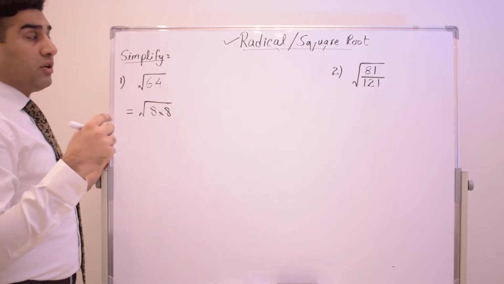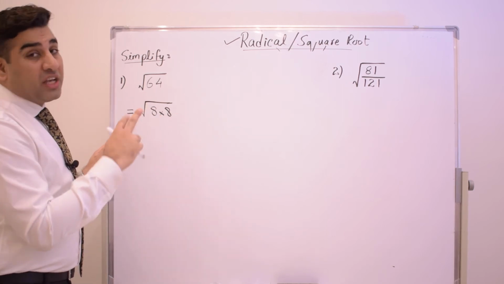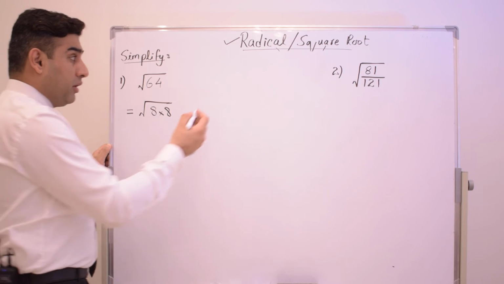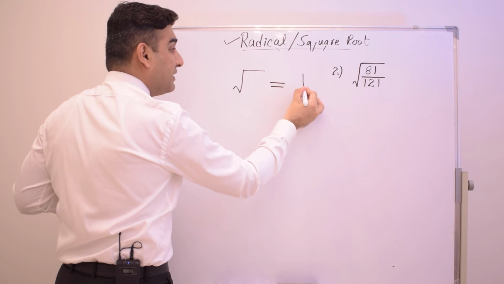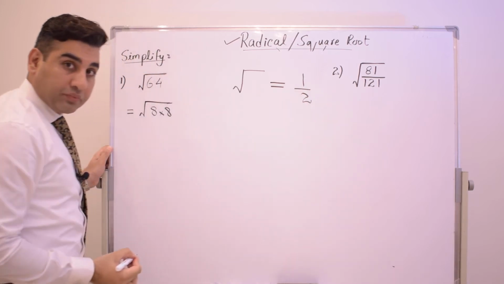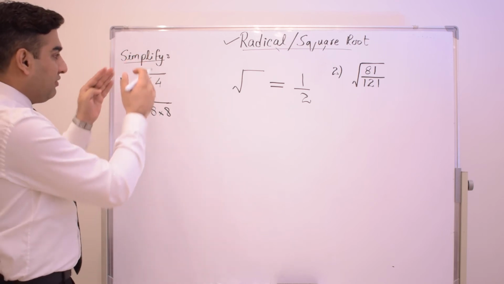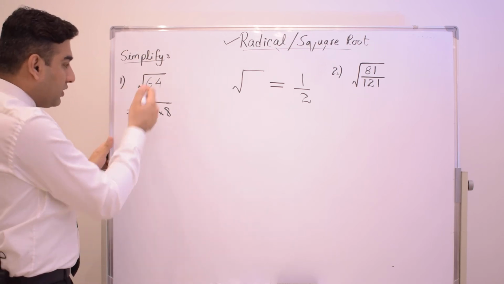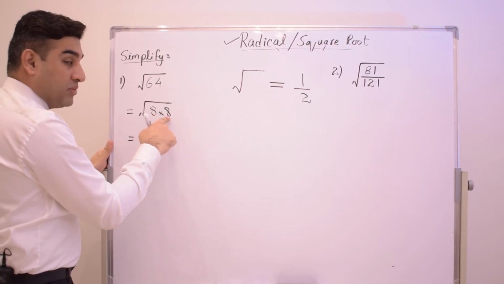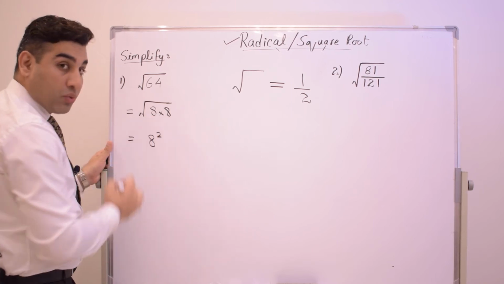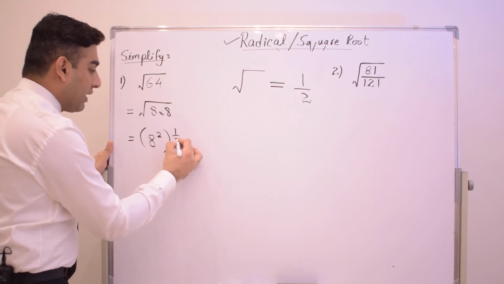Now you can ask why we are thinking about two same numbers. Because this radical symbol, its value is 1 over 2, and as it is coming over the whole of this number, you write 8 times 8 as 8 power 2, and for your more understanding I can write the radical as 1 over 2.